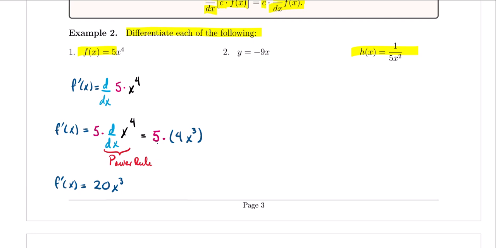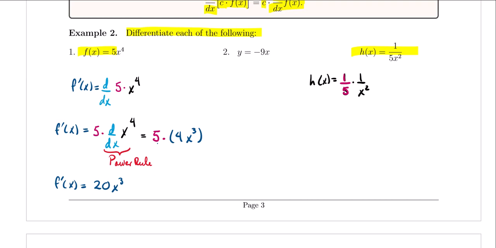If we have h of x is equal to 1 over 5x squared, I'll reinterpret it like this: h of x is equal to 1/5 times 1 over x squared. This is the exact same thing, but now that you've rewritten it as a product of 1/5 times 1 over x squared, we get to see that we indeed have a constant here, and it's 1/5.